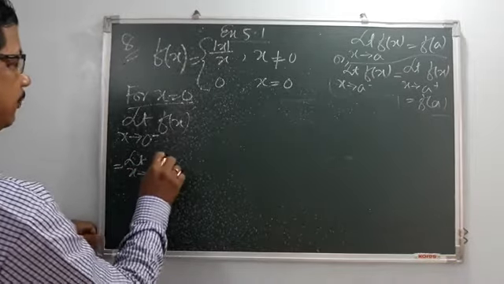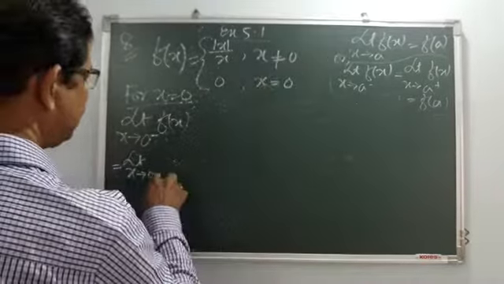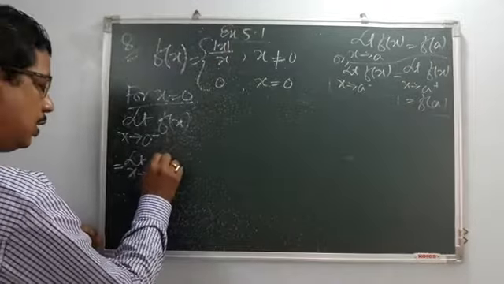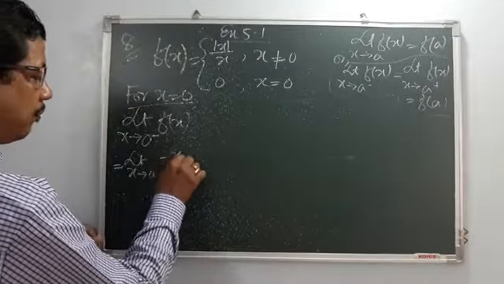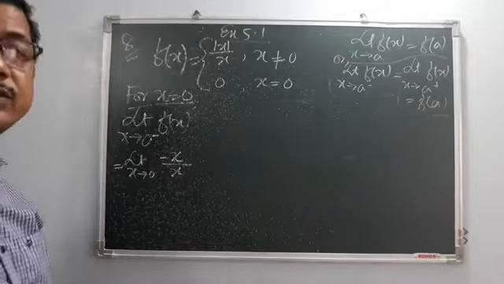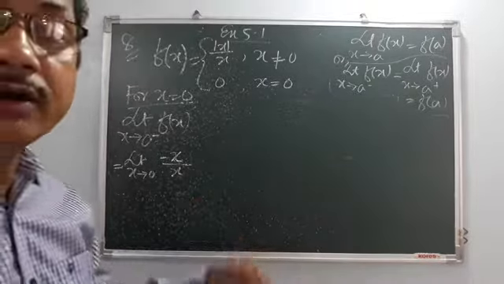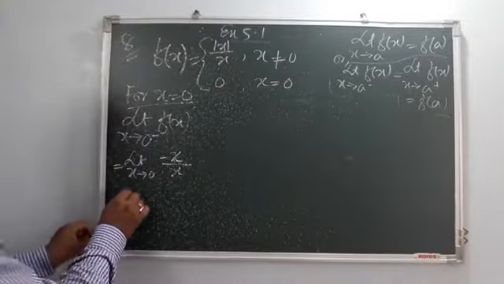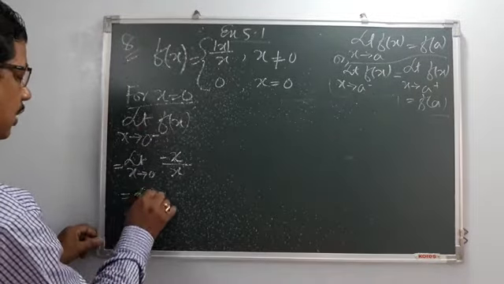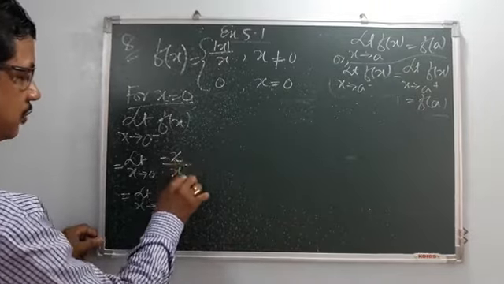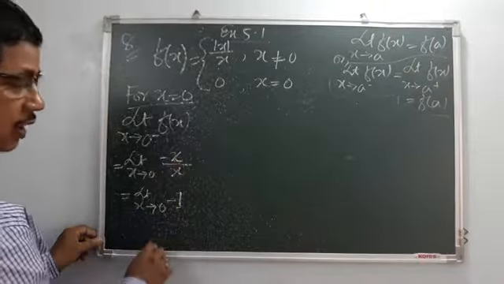Here you see, when x is little less than 0, modulus x will turn into minus x. Why? Because for x less than 0, modulus x turns into minus x. After cancellation we are getting minus 1.